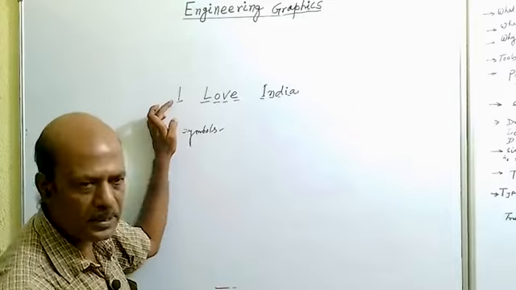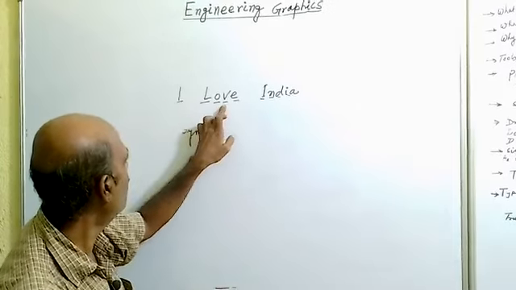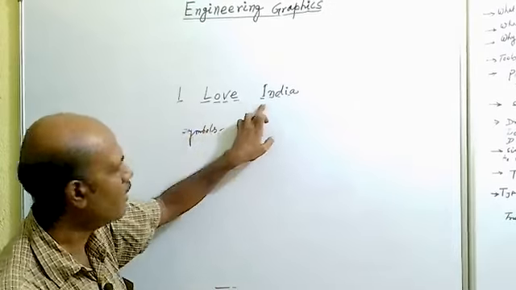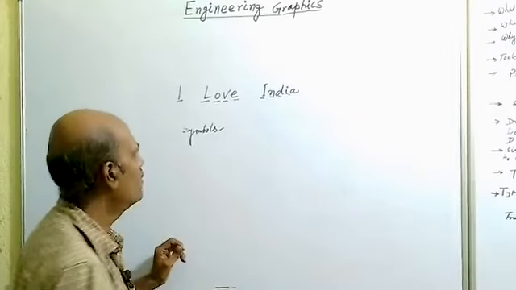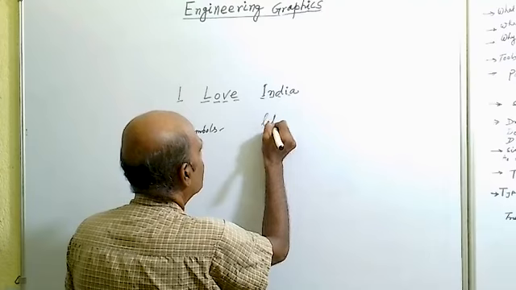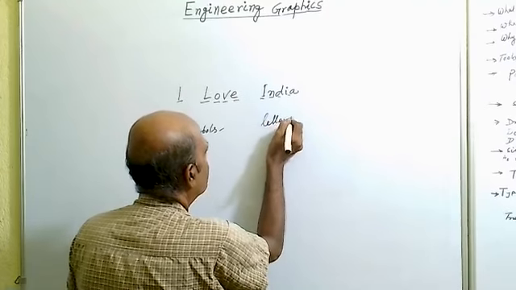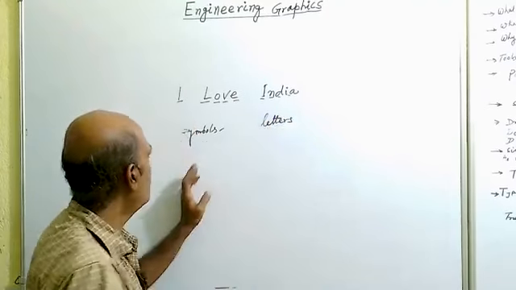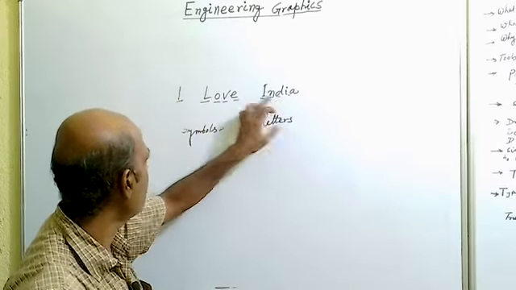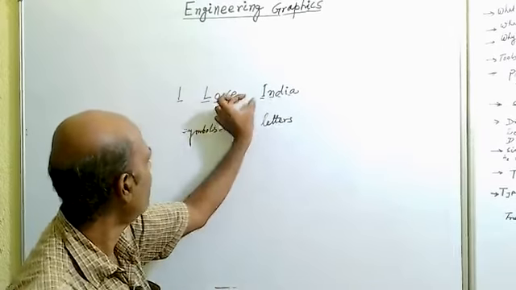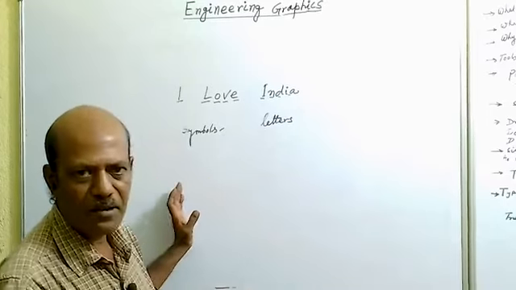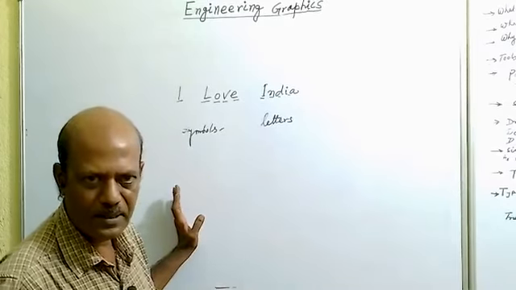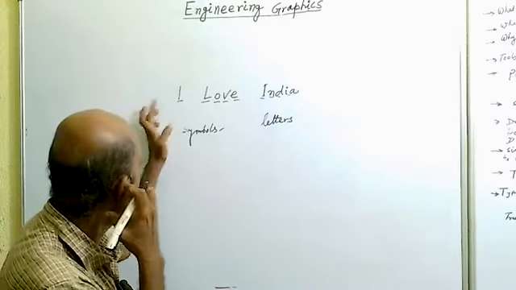In the English language, these I, L, O, V, E are all the symbols, or we are telling letters. So when these letters are placed side by side and maintain this gap, I can communicate something by this sentence.